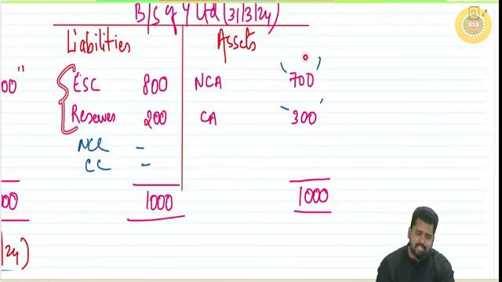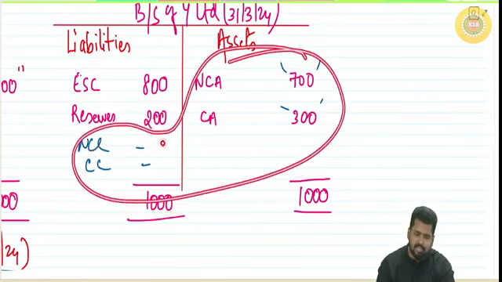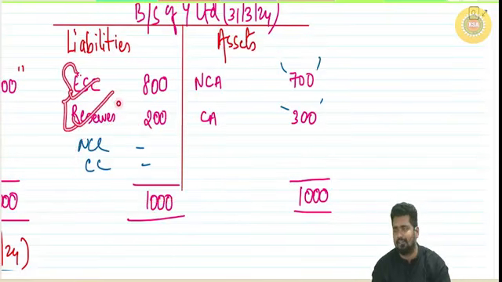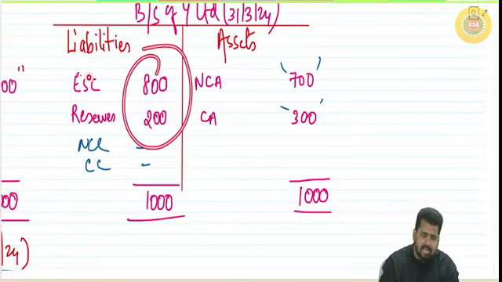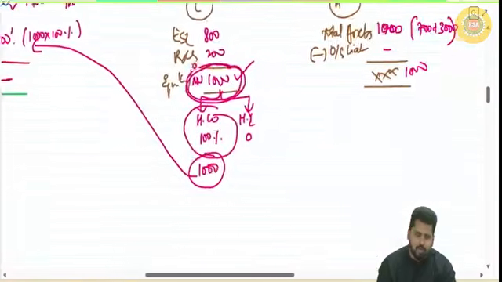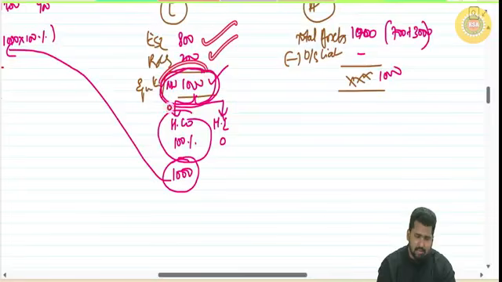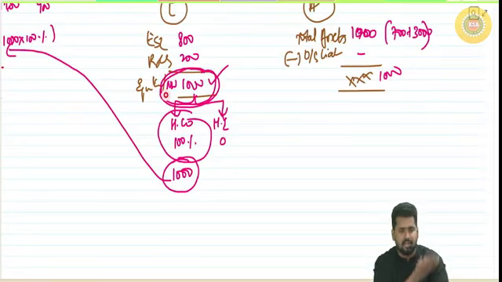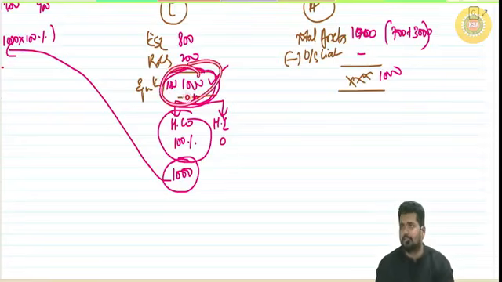So net assets in this case is total assets 1000 minus 0 is 1000, or just take up equity and reserves. By equity we mean share capital and reserves. That also comes to how much? 1000 only. Clear? So in the liability approach: equity, share capital, reserves and surplus, net worth. Sir, net worth like this also you can do. You will get the same answer whether you go from the asset side or the liability side. So 1000 lakhs. Yes, same answer only you will get.